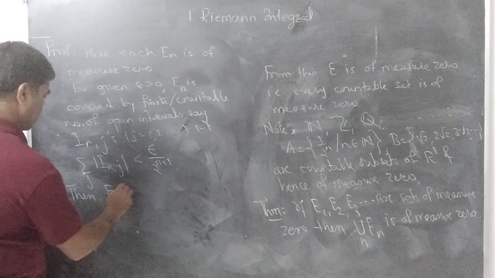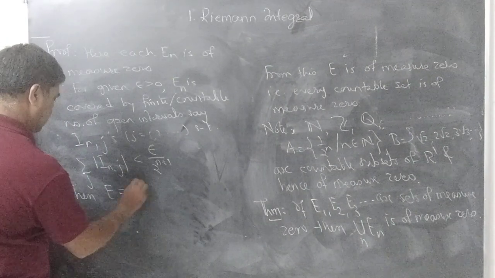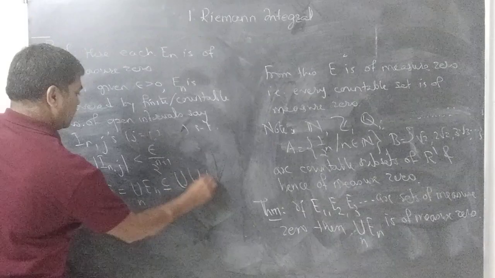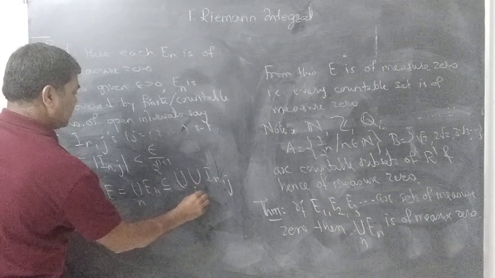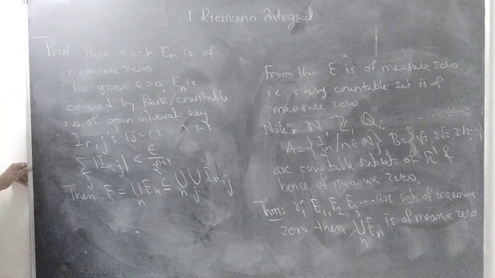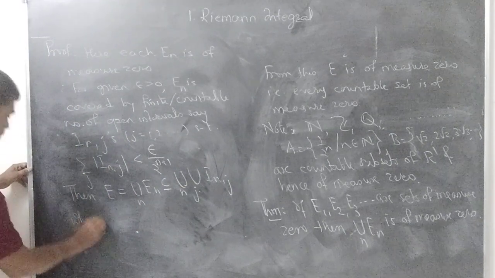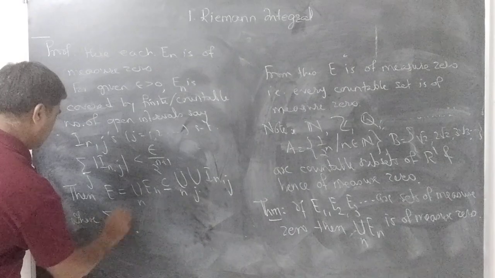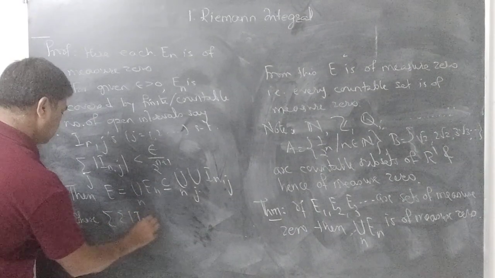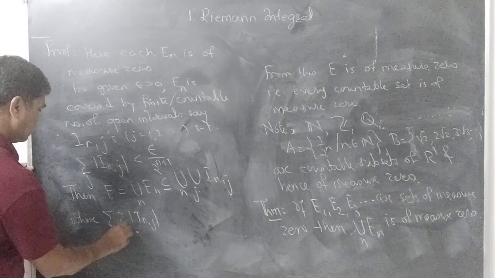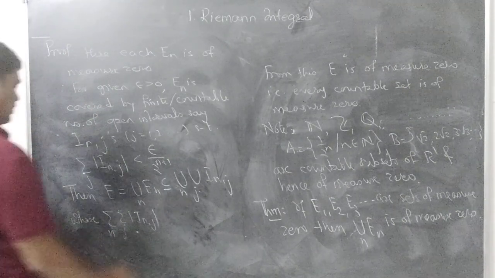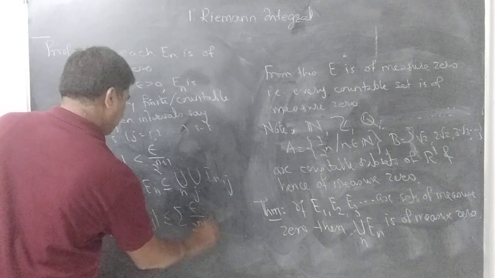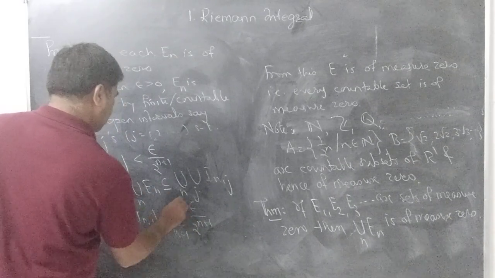Then E, equal to the union of En, is contained in the union of Inj over j and n, where the summation of the lengths of Inj is less than or equal to the summation of epsilon upon 2 raised to n plus 1, n equal to 1 to infinity.